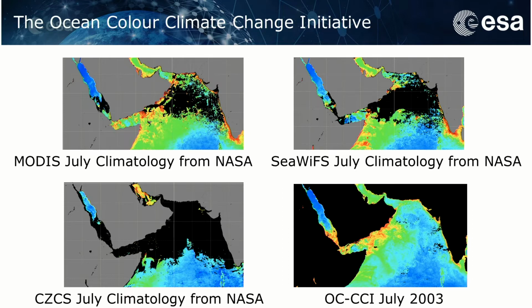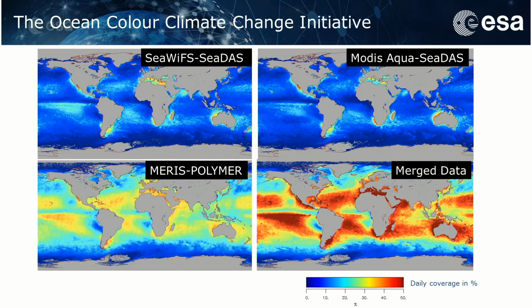And part of the reason for this was using a polymer atmospheric correction on MERIS. So this is the daily coverage in percent from SeaWiFS, MODIS, and MERIS going into version 1 of the CCI product. The atmospheric correction algorithm which came out best in our round robin was polymer.